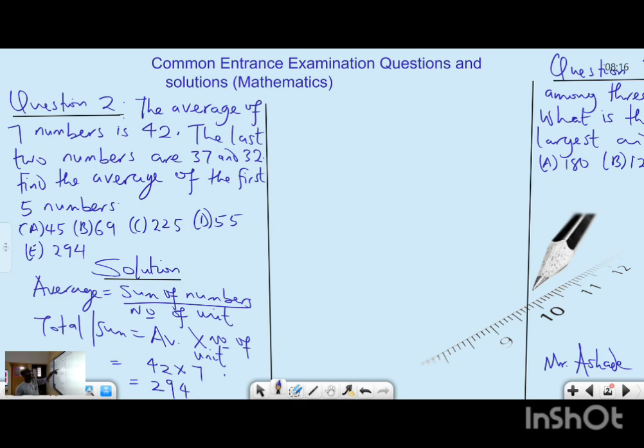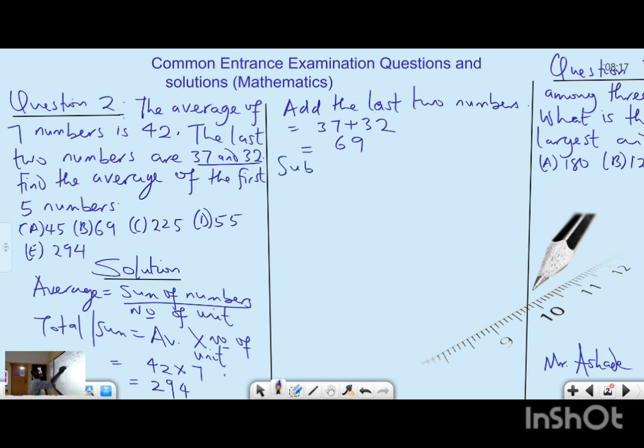But we were told in the question that the last 2 numbers are 37 and 32. So you add the last two numbers together, which is 37 plus 32, and this will give us 69. So after adding the last two numbers, you now subtract it from the total.